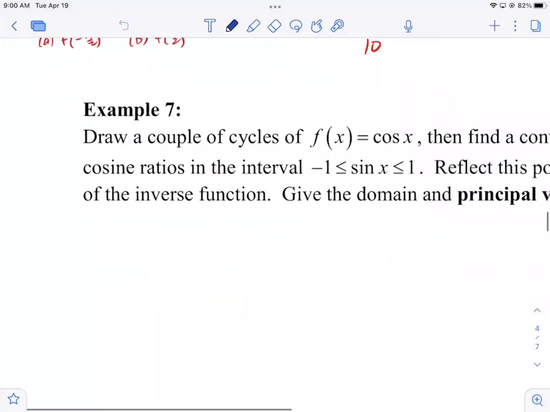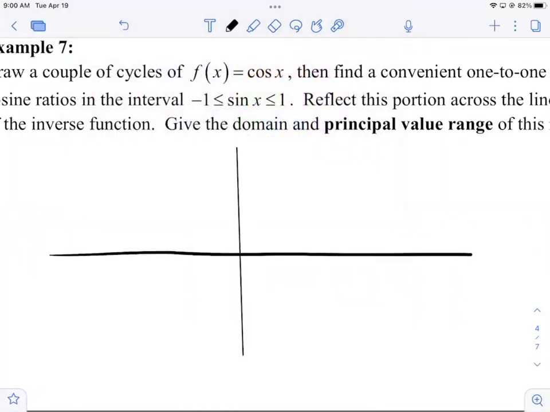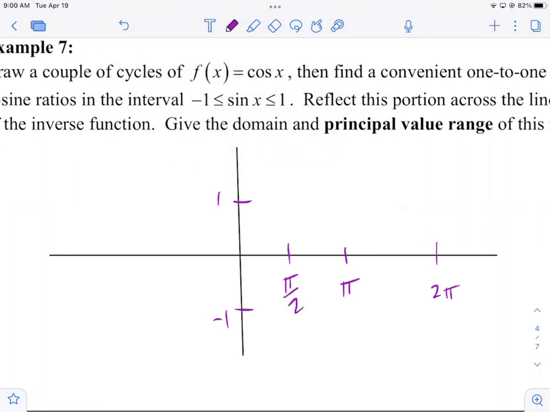Well, there's y'all's. All right, so draw a couple of cycles of cosine. We're gonna do the same thing for cosine. Cosine is not 1-to-1. In fact, none of the trig functions are 1-to-1. So we could do what we did for sine for all of them. We're just going to do it over a different interval depending on what the graphs look like. So here's 1, here's -1, right? 2 pi, pi halves, 3 pi halves.